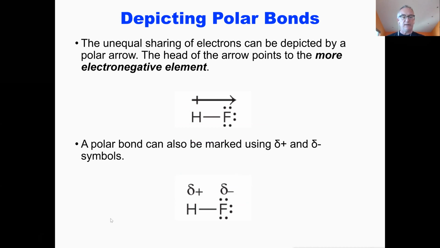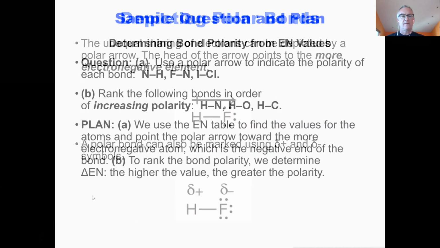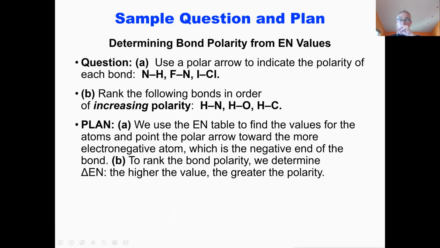So let's do a quick exercise. I'm going to use that arrow and indicate the polarity of each one of these bonds. We've got a hydrogen-nitrogen bond, a fluorine-nitrogen bond, and an iodine-chlorine bond. So that's the first one.